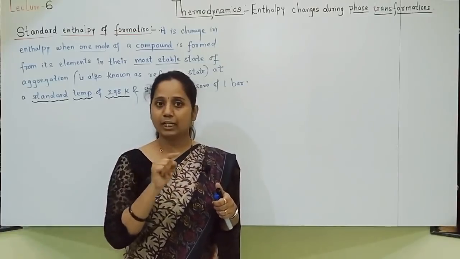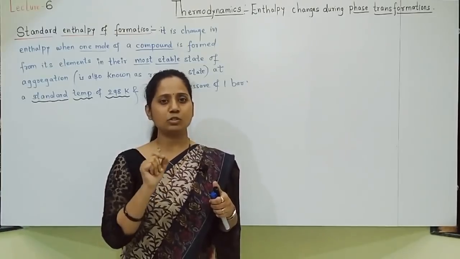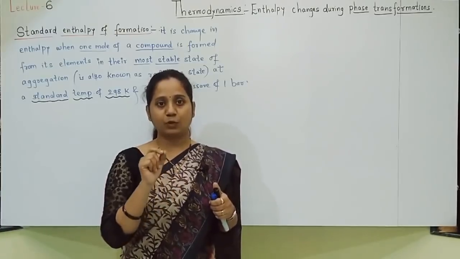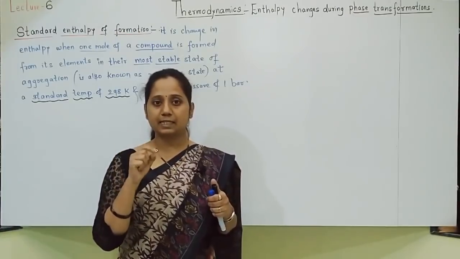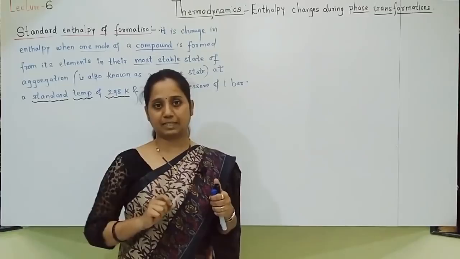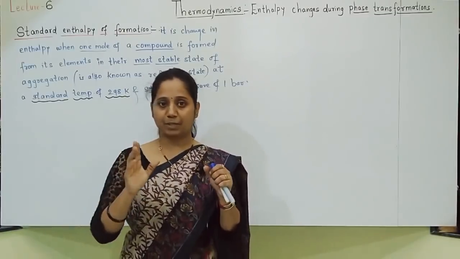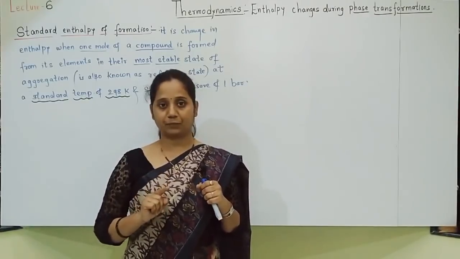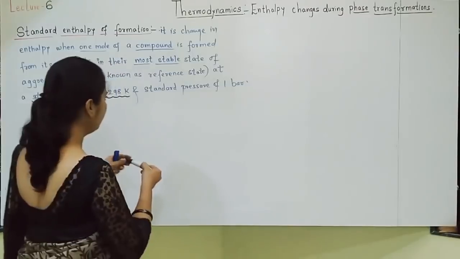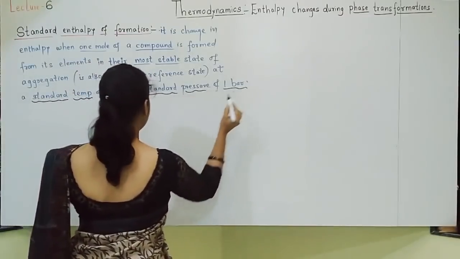The elements must be in their most stable state of aggregation, also called the reference state, at standard temperature of 298 Kelvin and standard pressure of 1 bar. Remember properly, standard pressure and standard temperature should both be there.